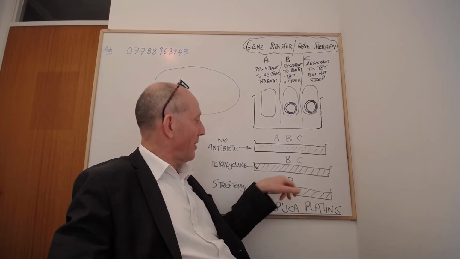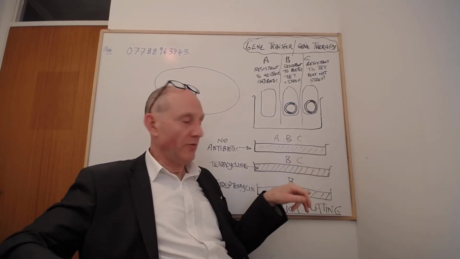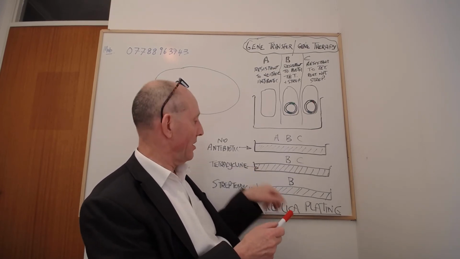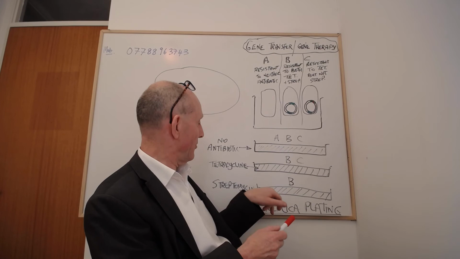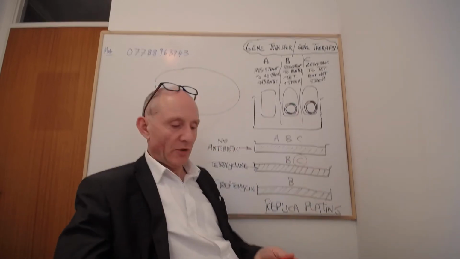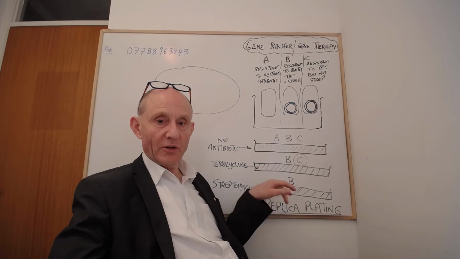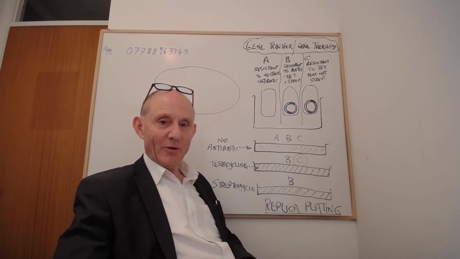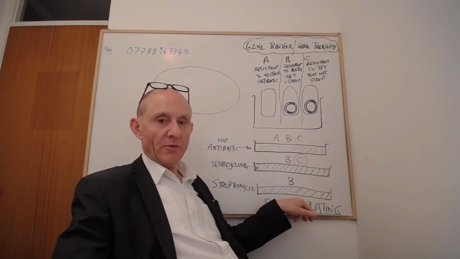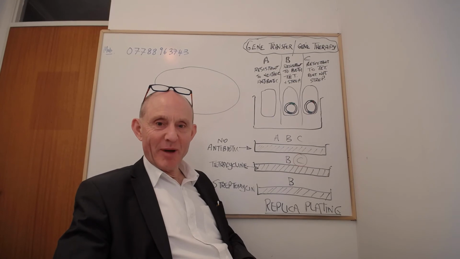So you're looking for those bacteria that are able to grow on the agar containing tetracycline, but they can't grow on the plate that contains streptomycin. In other words, those are the bacteria you're after.